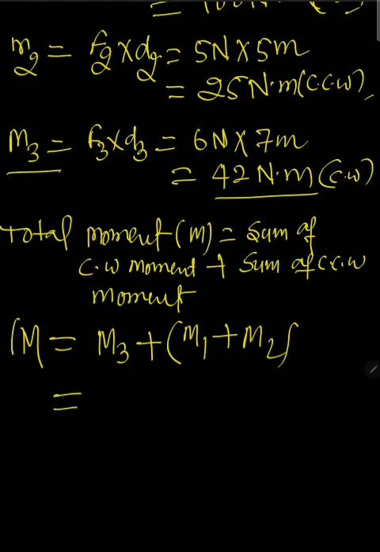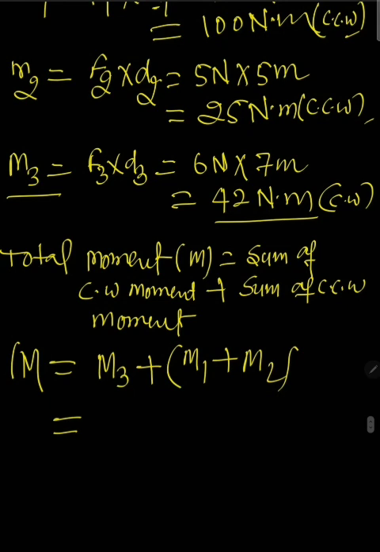Now in this case, suppose I have to find total moment. M3 is clockwise. You should remember that in your class 10 book, it has said that we have to take clockwise moment as negative and anti-clockwise moment as positive. So we can take clockwise moment as negative, minus 42, and anti-clockwise as positive.